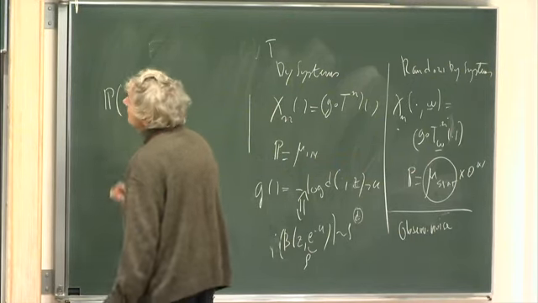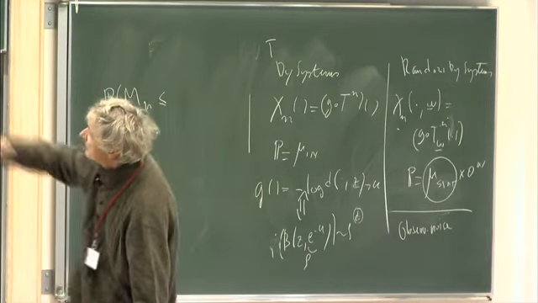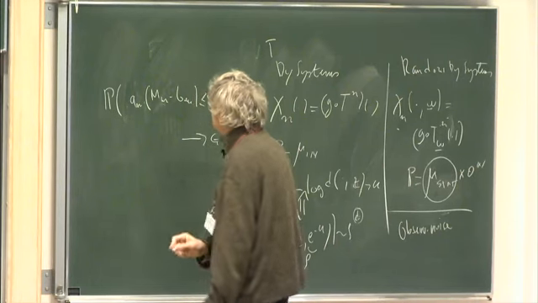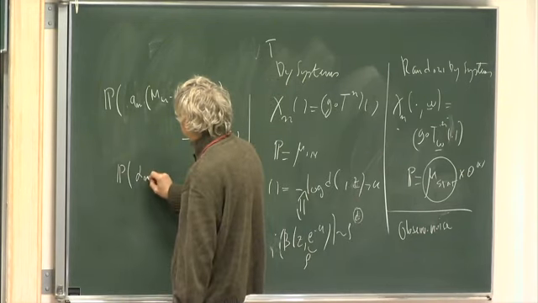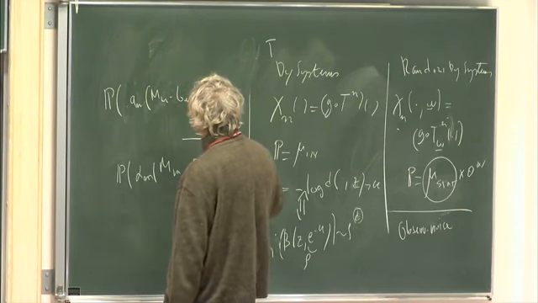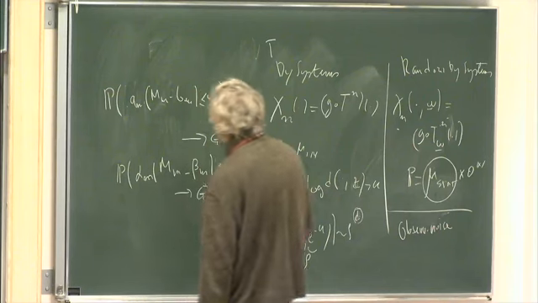Suppose we want to prove this: a_n (M_n minus b_n) less than y, and suppose this goes to some G(y). And then suppose you have another linear normalization like this one, with some alpha_n, M_n minus beta_n less than or equal to y, and suppose it goes to some G star of y.